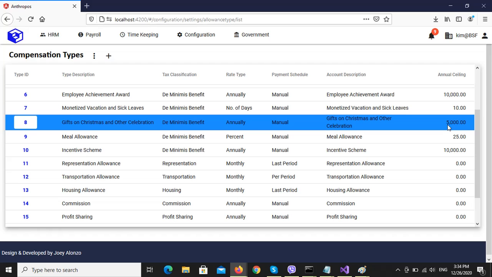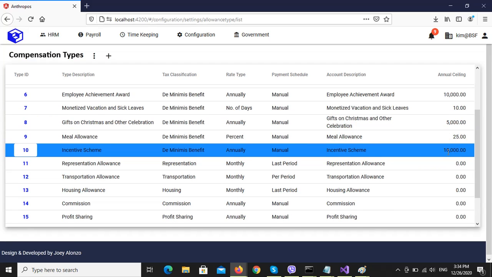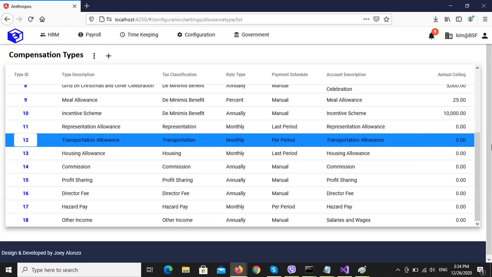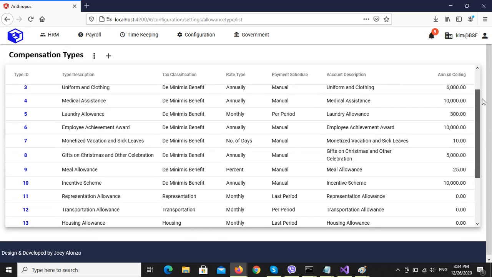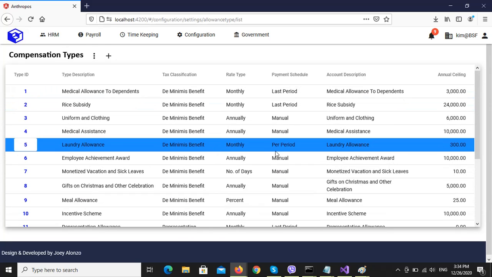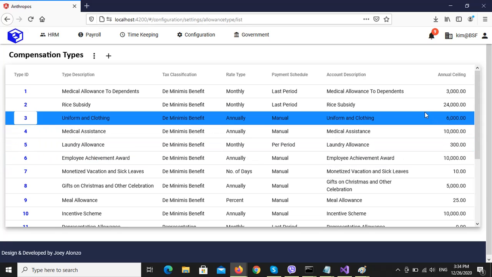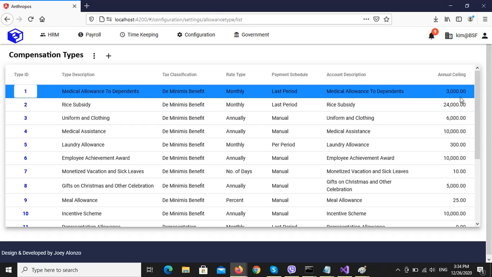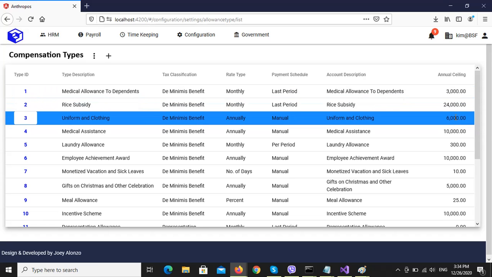For gifts on Christmas, it is 5,000. For the laundry allowance, it is 3,000. Rice subsidy is up to 24,000, and so on. Since this is a ceiling, any amount that exceeds it will already be considered taxable.